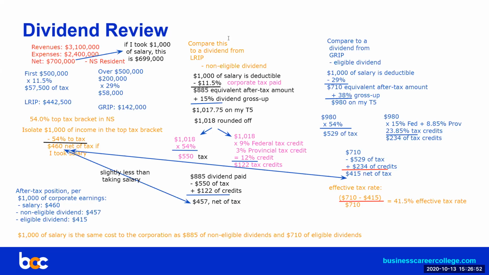And then if we look at over here, your effective tax rate, we started at 885, not 855, Janelle, right? And we lost 457 to tax, divided by our 885.